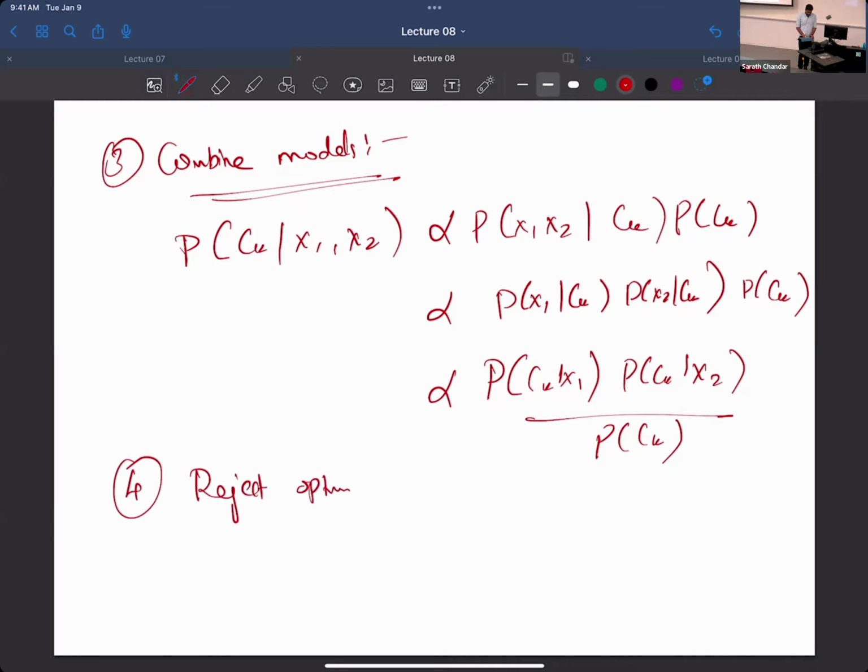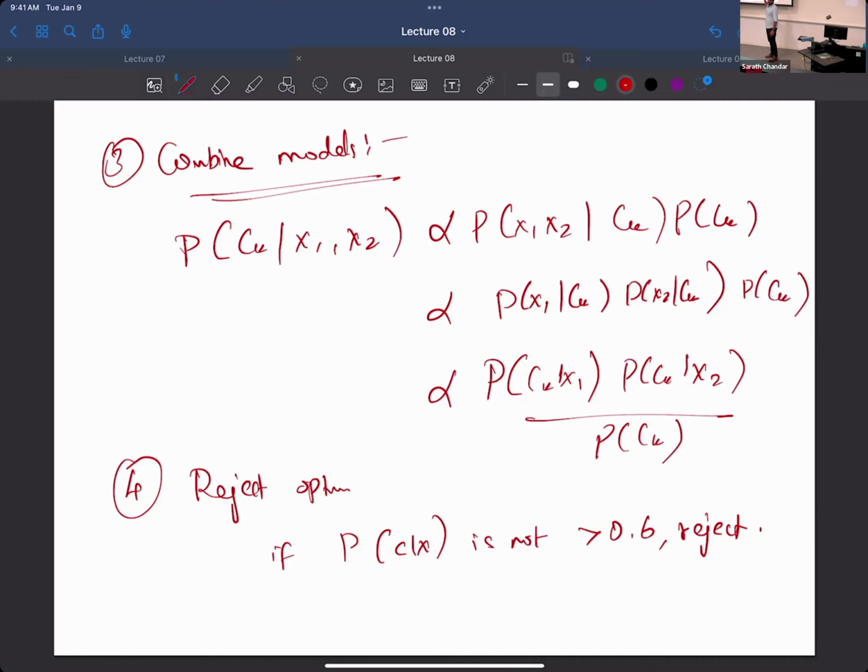So the final use of the posterior is you can actually have a reject option in your classifier. For example, if P of c given x is not greater than 0.6, then you can just reject. This is to say that if my model is classifying something as positive, but the probability is between 0.5 and 0.6, then just to be safe, I'm not going to make this classification.